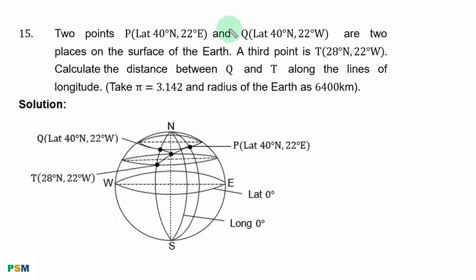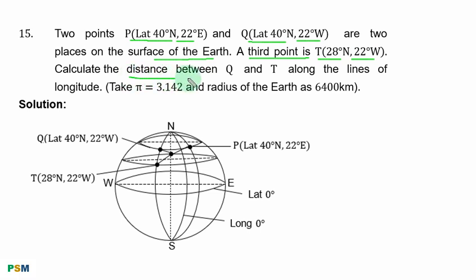Example 15. 2 points P, latitude 40 degrees north, longitude 22 degrees east, and Q, latitude 40 degrees north, longitude 22 degrees west, are 2 places on the surface of the earth. A third point is T, latitude 28 degrees north, longitude 22 degrees west.